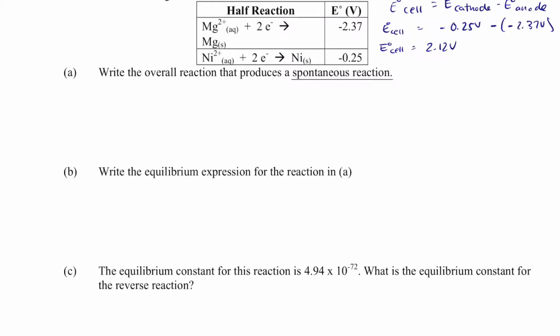The reason why that is important is that I know that this is my cathode and this is my anode, and so I see 2 electrons. I won't need to worry about getting those to cancel because they just will. But here's what I'm going to do: my cathode is nickel, but then my magnesium one is my anode, so the magnesium reaction really goes backwards.